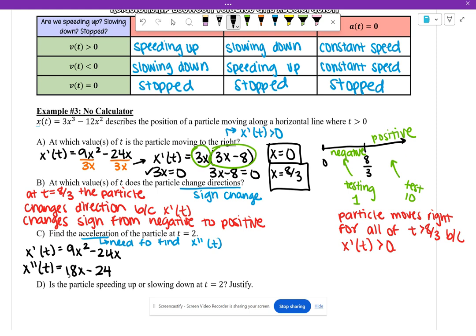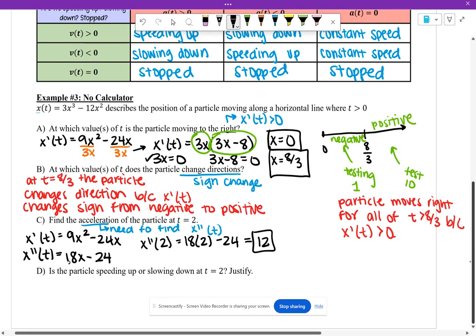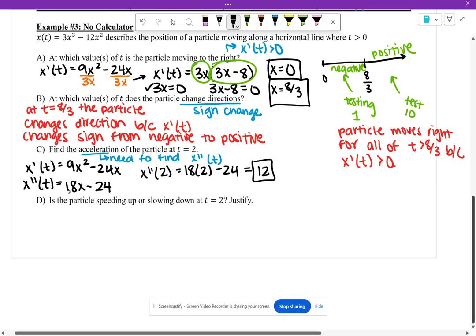And if I'm trying to figure out what the acceleration is at 2, I can just go ahead and plug that in. So x double prime of 2 is going to give me 18 times 2 minus 24, which is going to give me 12.